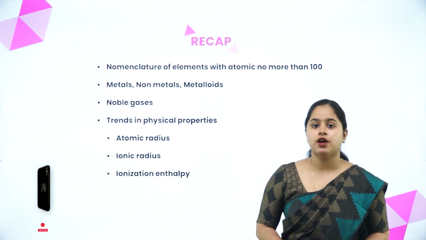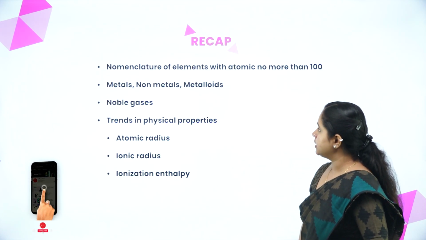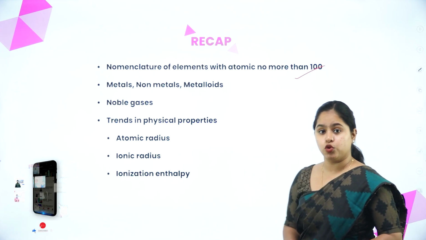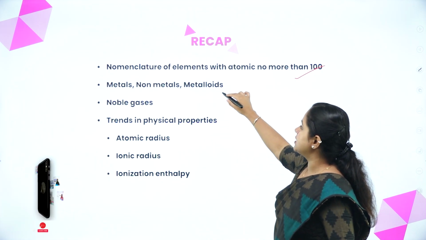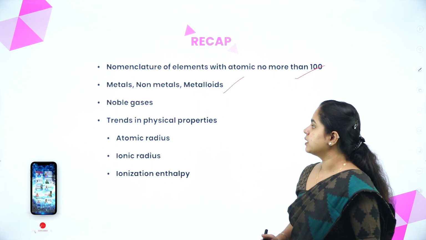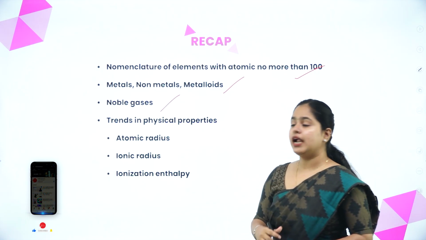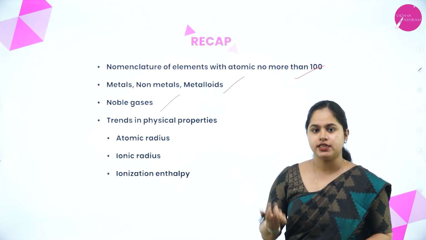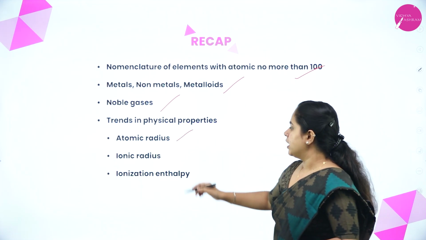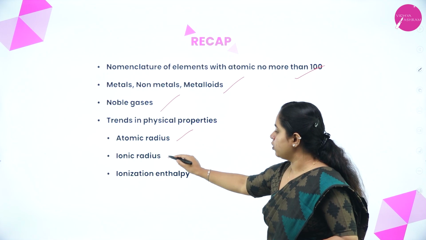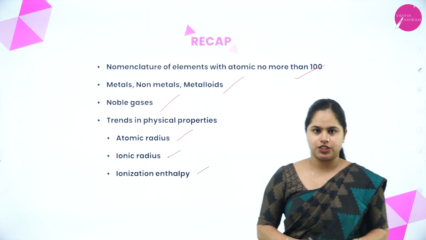So in the last class, we discussed the nomenclature of elements with atomic number more than 100, right? And then we discussed metals, non-metals and metalloids and their properties, and noble gases and trends in physical properties, wherein we studied atomic radius and its trends in the periodic table, then ionic radius and ionization enthalpy.